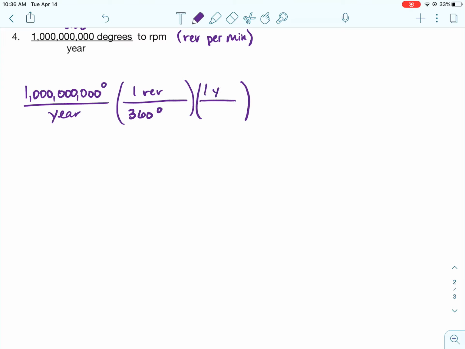Okay, and then I want to change years to minutes. All right, so we have years in the denominator. Since I want to cancel years, I'll put it in the numerator. Now, I do not know how many minutes are in a year, but I do know how many days are in a year. And I know how many hours are in a day.